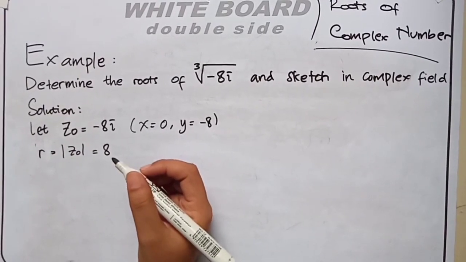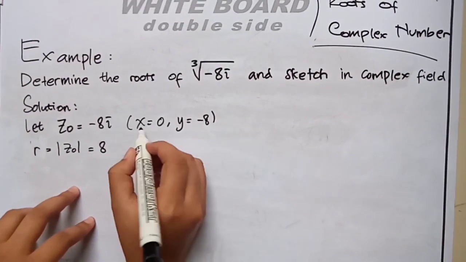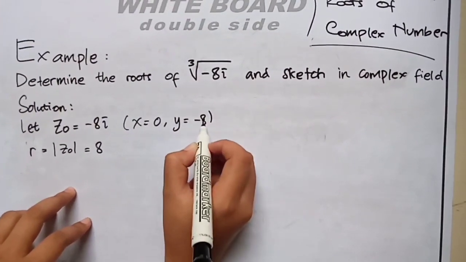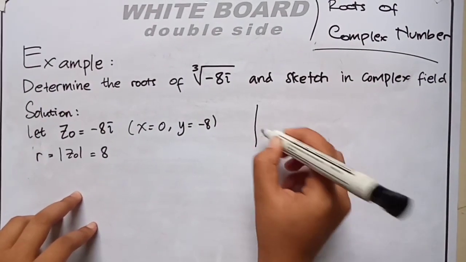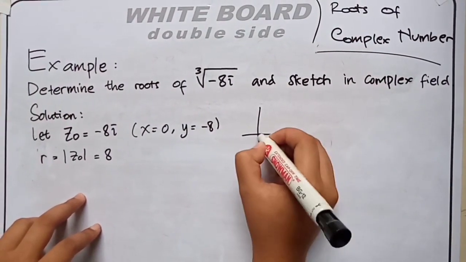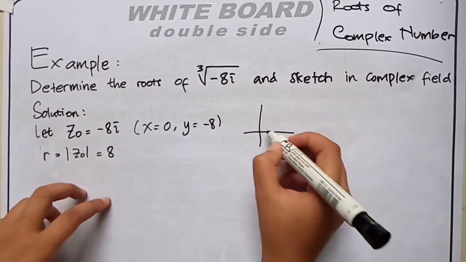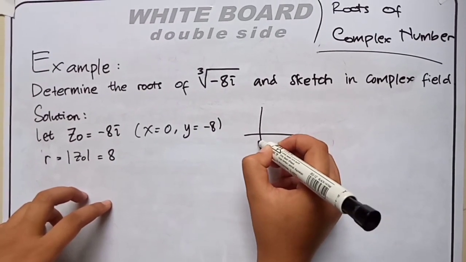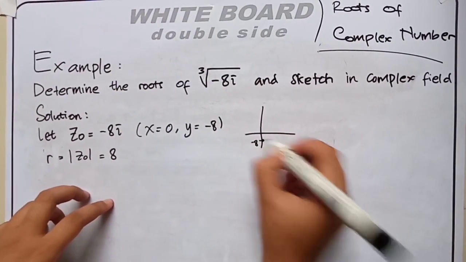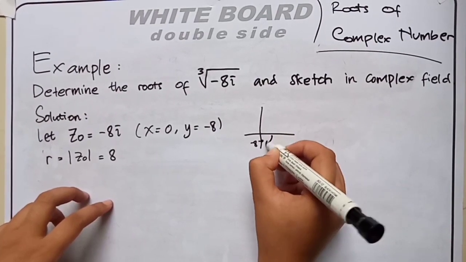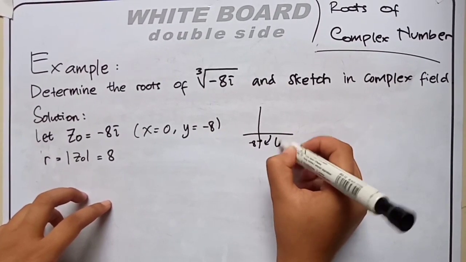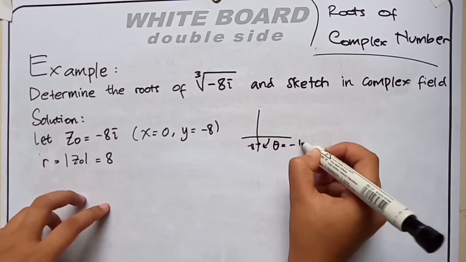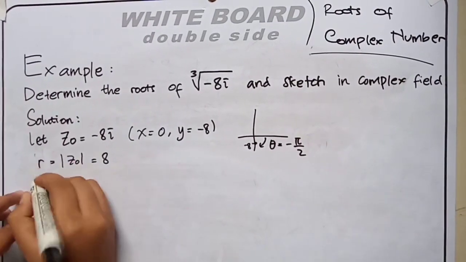And then since x is 0 and y is negative 8, we can plot it in Cartesian. It's just a sketch in here. So we will have that the theta is negative pi over 2.